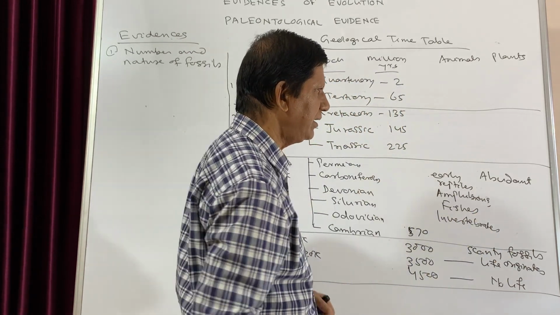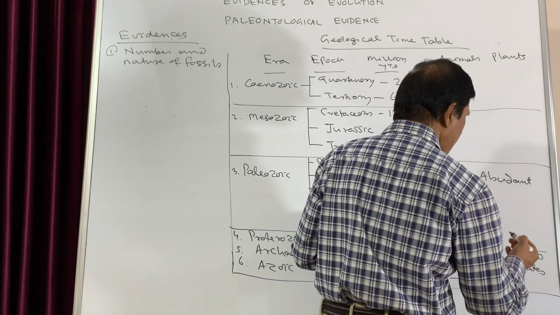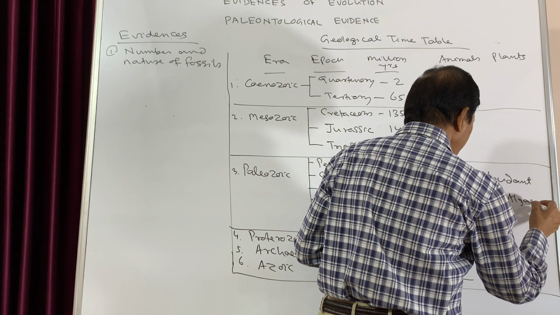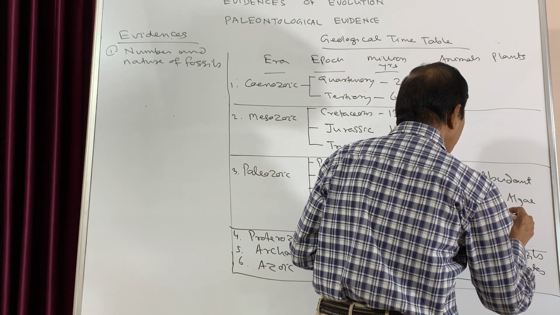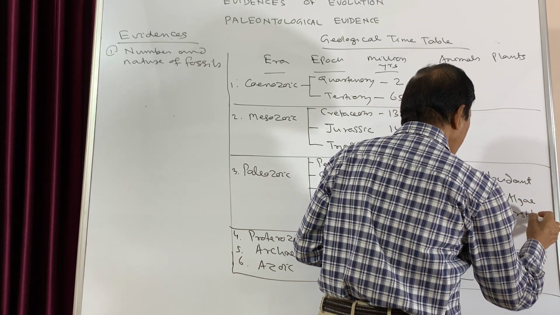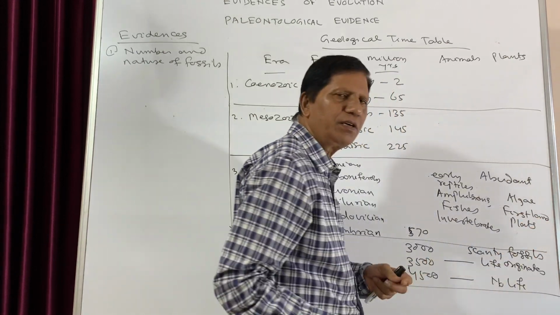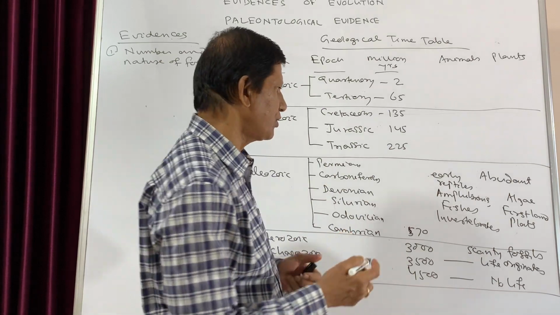And on the plant side, we will get only some of the algae and first land plants. First land plants means the bryophytes and ferns.